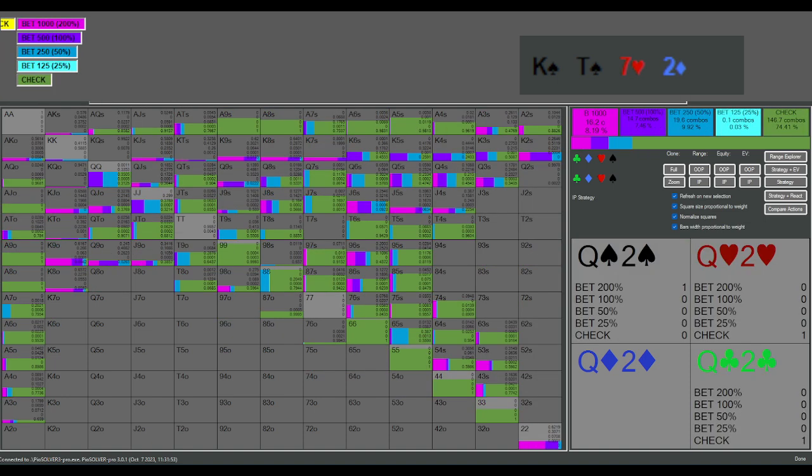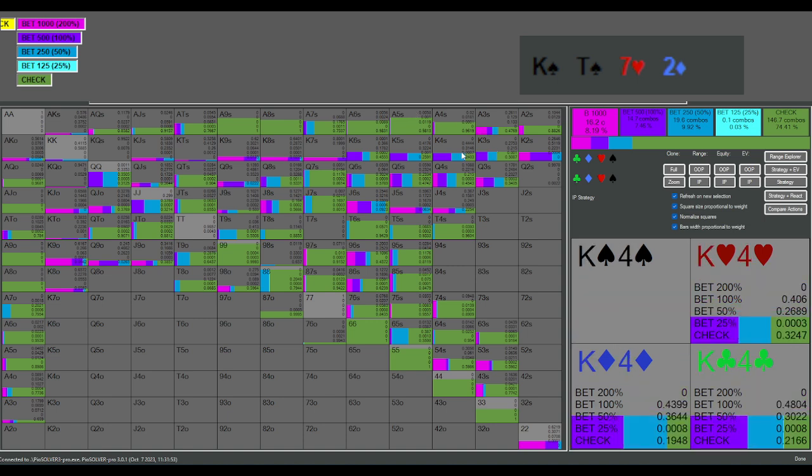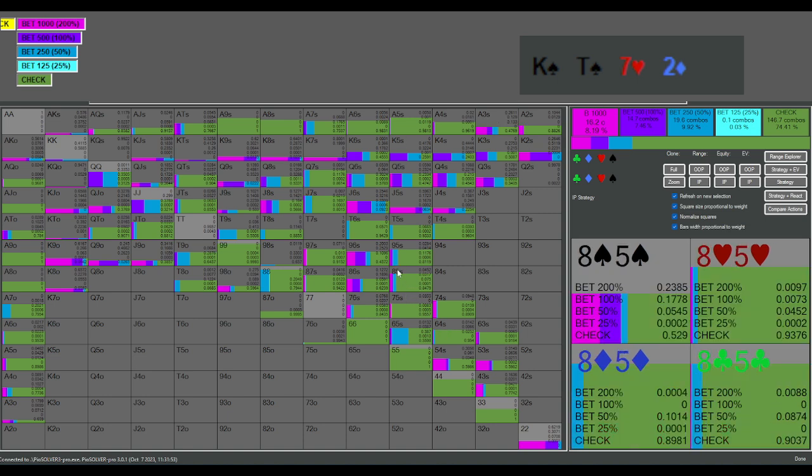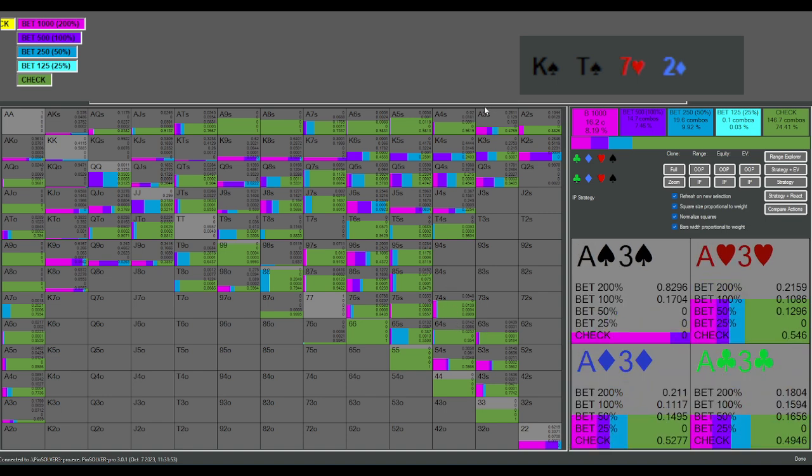Basically all I did is I took out some of the weaker king X for imposition. So basically imposition is going to be c-betting flop a bit too often with top pair, and then checking back a bit more of this ace high air and this low card air, the low cards without a flush draw.